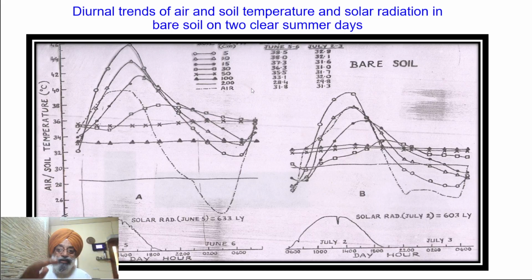So that means as you go deeper, the diurnal fluctuation, or in other words the difference between peak temperature and minimum temperature, decreases with depth, and ultimately at 50 centimeter there was no diurnal fluctuation. Similarly at 100 centimeter.